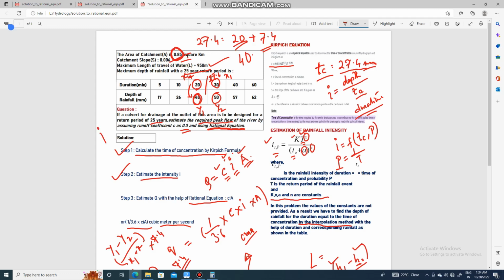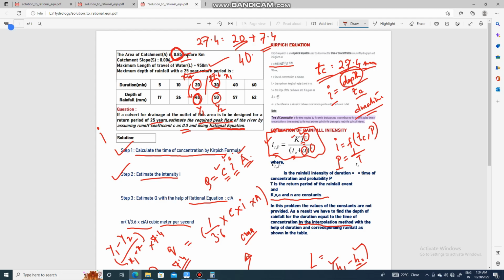This is the equation of I. But I can also be represented as the depth of the rainfall per hour duration, that is the time of concentration. Okay? So here you have already calculated TC, the time of concentration, but you do not have the corresponding depth of rainfall there.